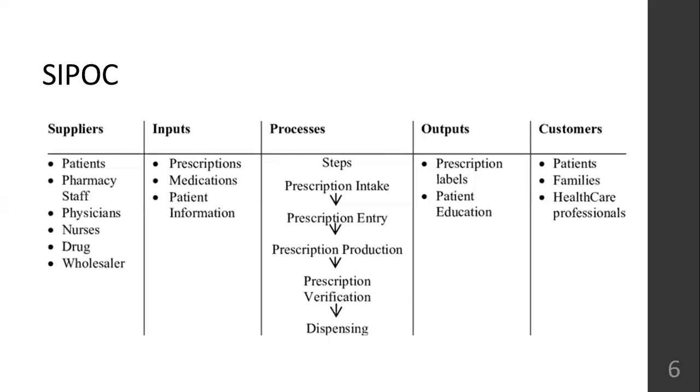So usually you can do a SIPOC chart in the define phase. SIPOC stands for suppliers, inputs, process, outputs, customers. Suppliers are the stakeholders within the hospital, okay? Your staff, physicians, doctors, nurses, surgeons, pharmacists, wholesalers, they all are the suppliers.